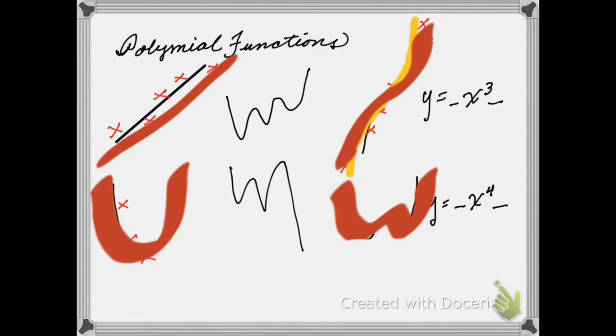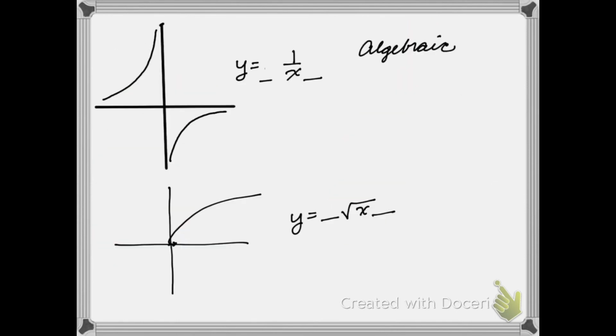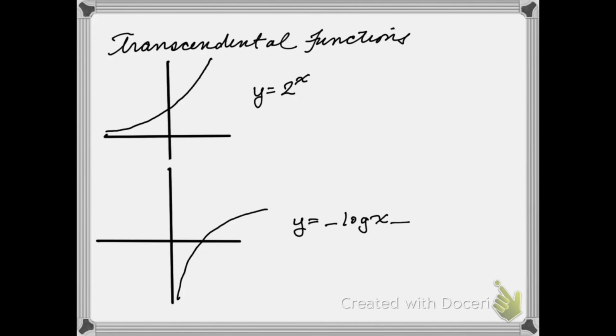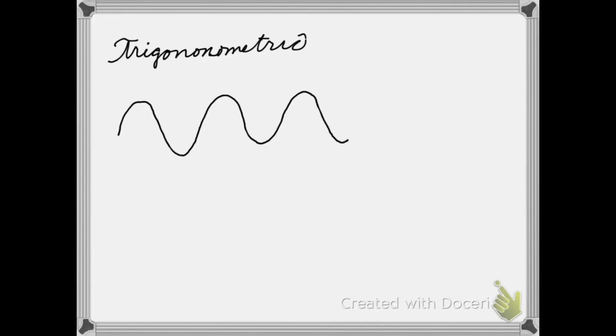You hopefully have a general idea about what a polynomial function looks like, as opposed to, say, these algebraic functions. And you could look at those and say, yeah, that's not a polynomial function. You could look at this trigonometric function and say, yes, that is not a polynomial function.